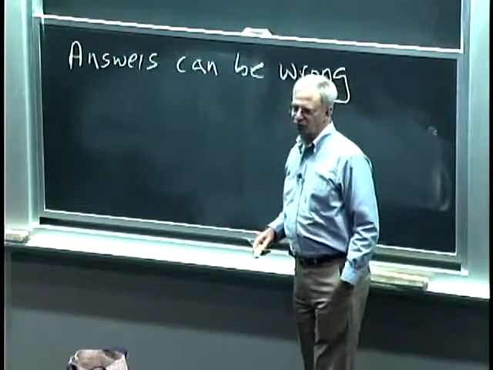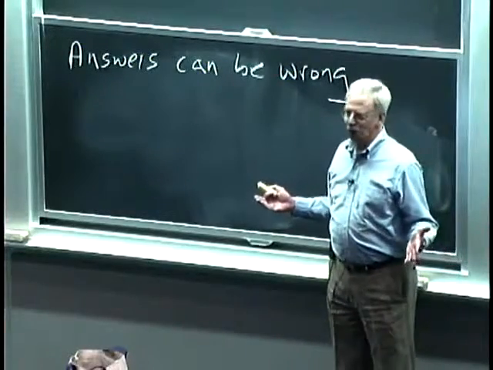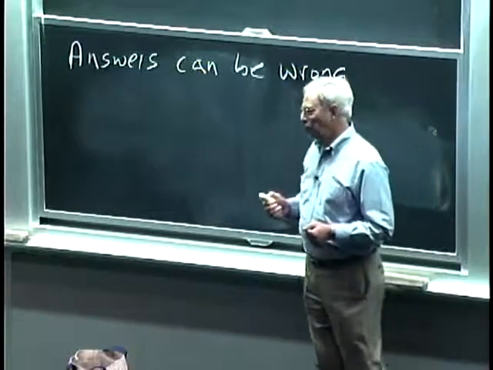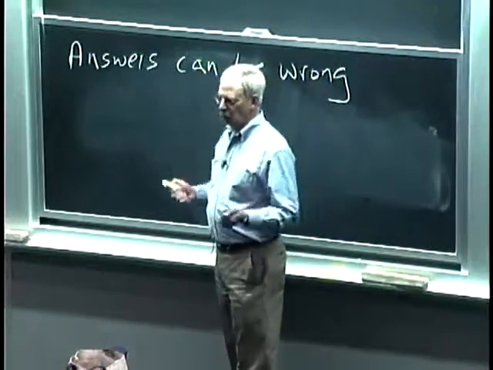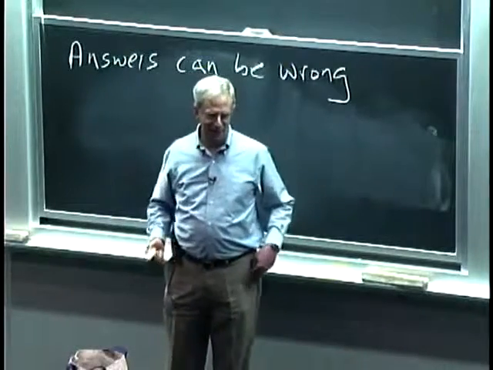People tend to think because the computer says it's so, it must be so. That the computer speaks for God, and therefore it's infallible. Or maybe it speaks for the Pope. It speaks for something that's infallible. But in fact, it is not.